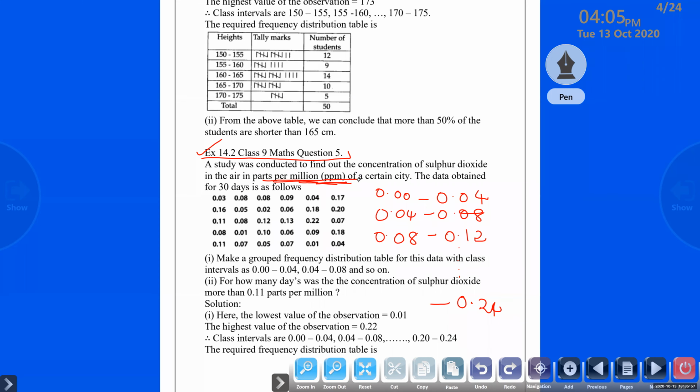The classes are 0.00 to 0.04, 0.04 to 0.08, 0.08 to 0.12, and so on. We always measure the pollution count as parts per million, ppm. All molecules, carbon dioxide, hydrogen, nitrogen, the presence we will always measure in ppm, parts per million.